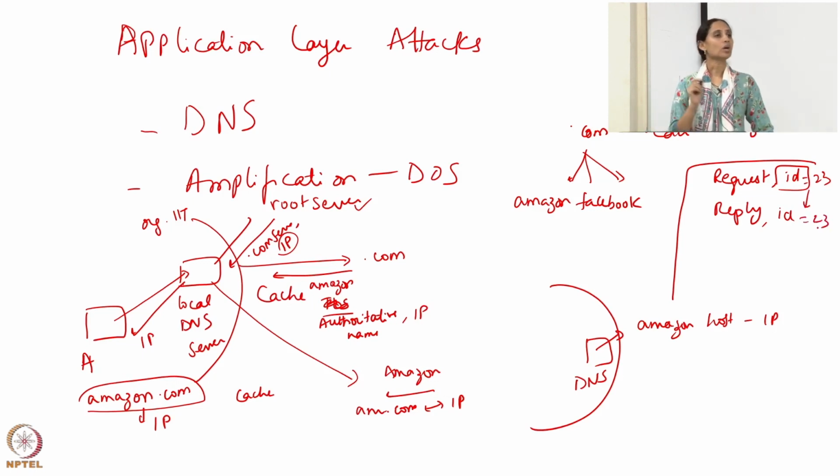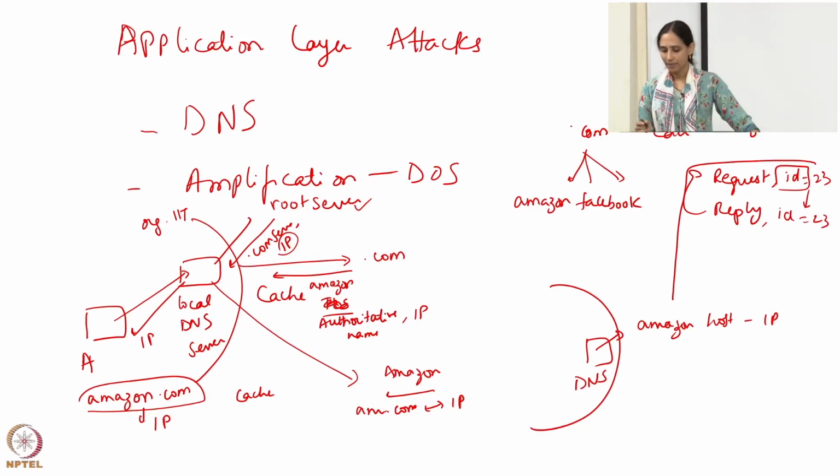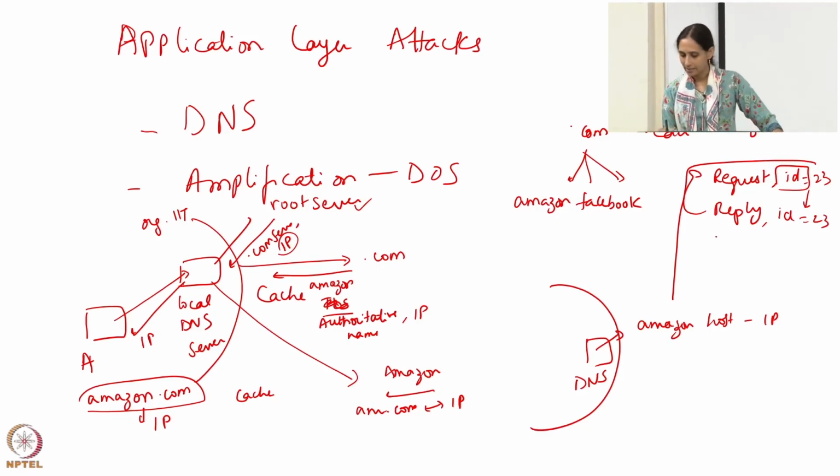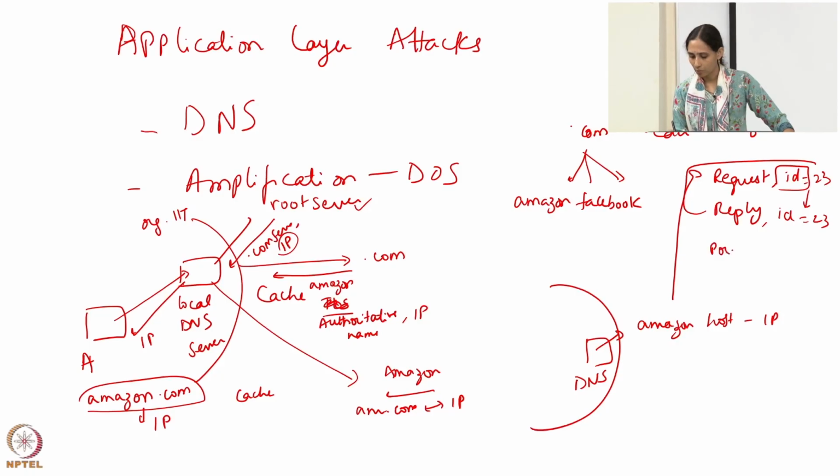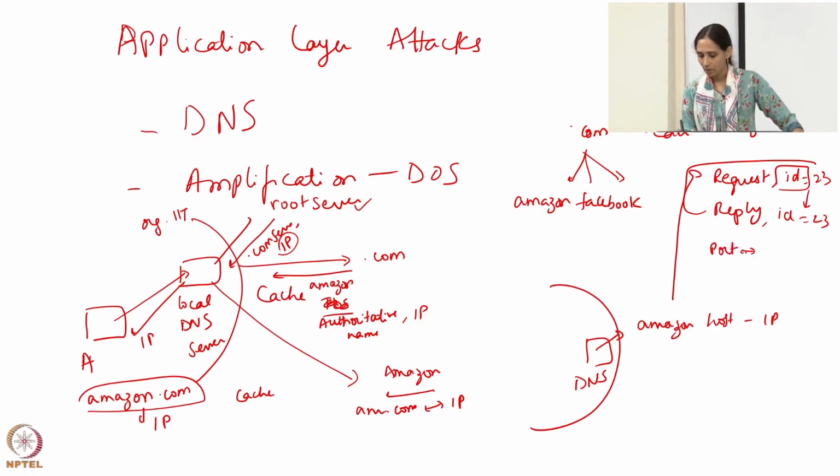That way the local DNS server knows to match this reply to this request. It is just an implementation ease: you send an ID, and once you get the same ID you map the reply to that particular request. Again, DNS is an application level protocol, there are port numbers involved, and of course IP addresses also. You have to construct the right packet with respect to this.